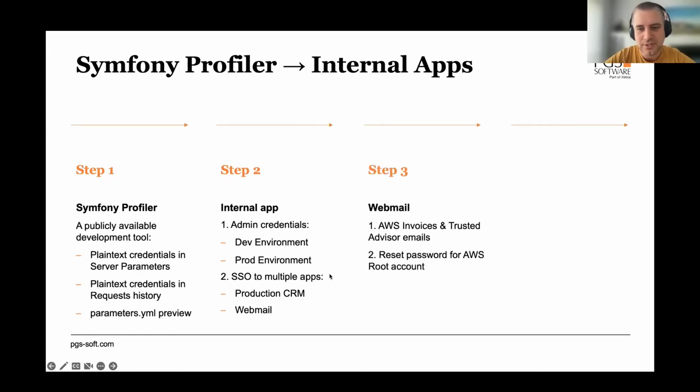And when I checked that, I noticed that there are AWS invoices in that inbox, and also Trusted Advisor emails. AWS Trusted Advisor, a service that tells you you pay too much or you forgot to secure something. So there are invoices, there are Trusted Advisor emails. Maybe this is a root user email.